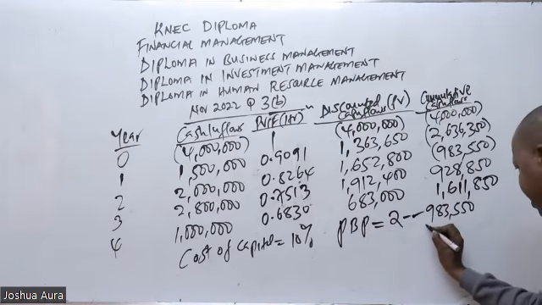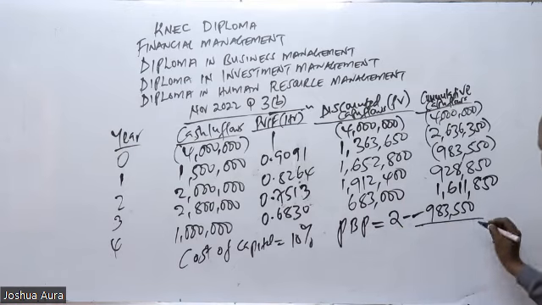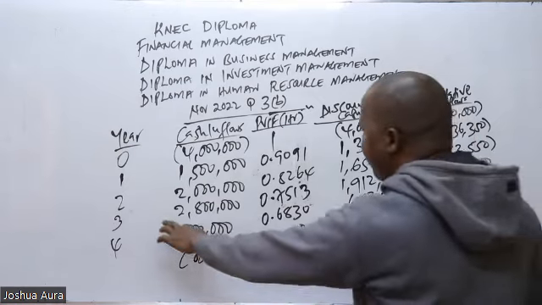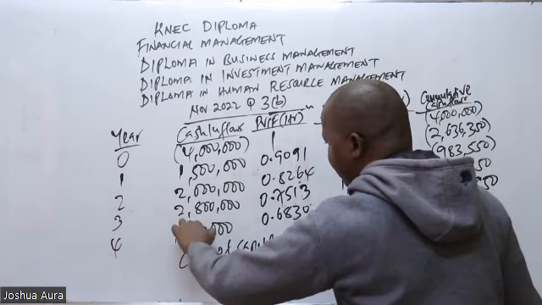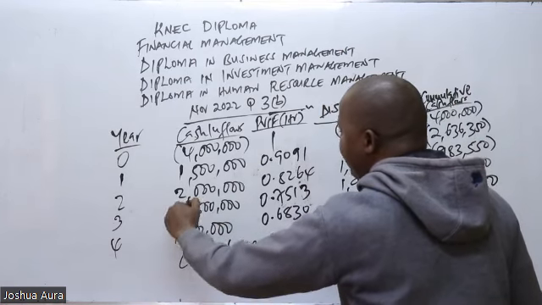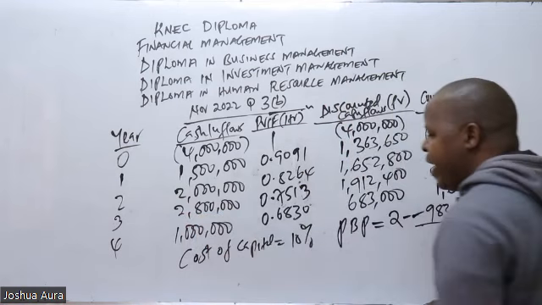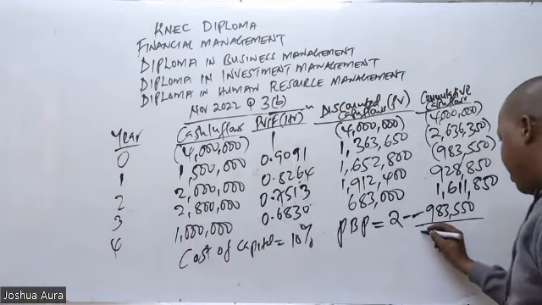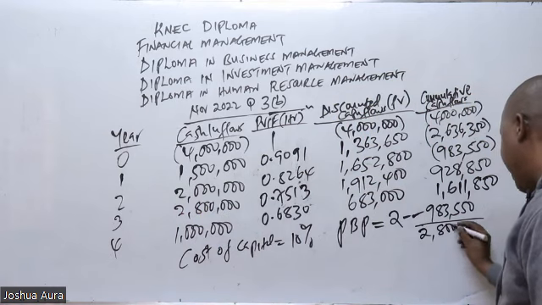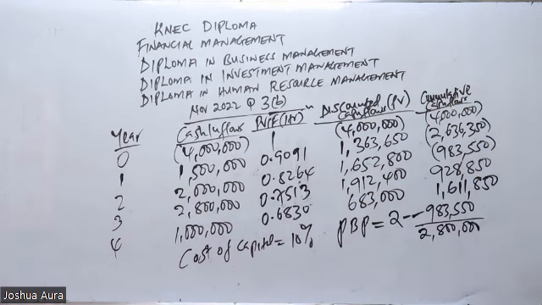Then we divide this last negative figure, which is negative 983,550, by the next cash inflow figure, which is 2,800,000.